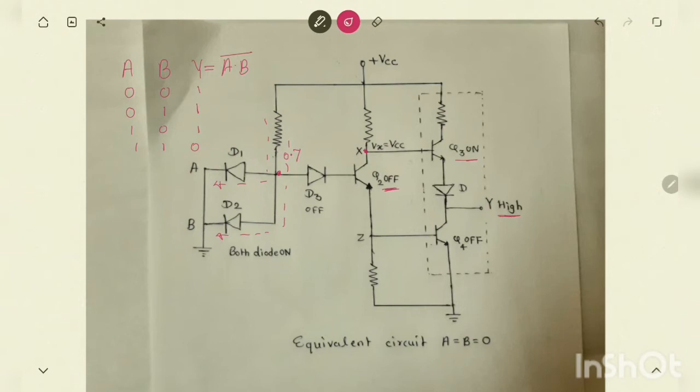And as Q2 is off, we are not getting any voltage at the base of transistor Q4, so Q4 becomes off. Therefore, when both the inputs are 0 0, we get high at the output.